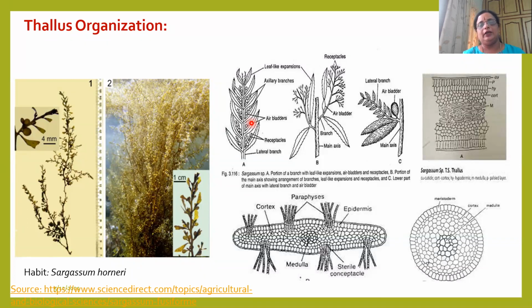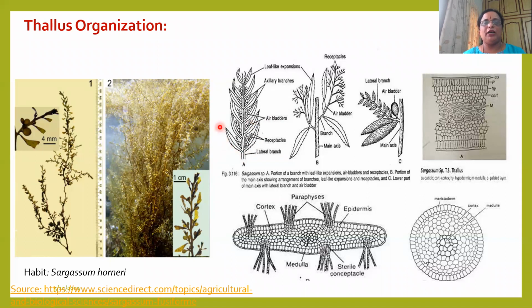That is, they are leaf-like, and they also have a phyllotaxy. Phyllotaxy is the arrangement of the leaves. The phyllotaxy is 2 or 4. At each nodal region, you can find either 2 leaves or 4 leaves.